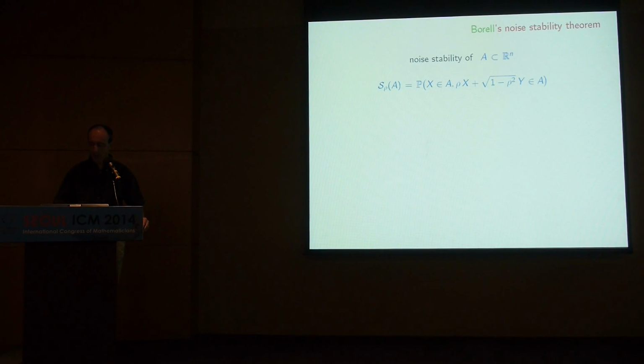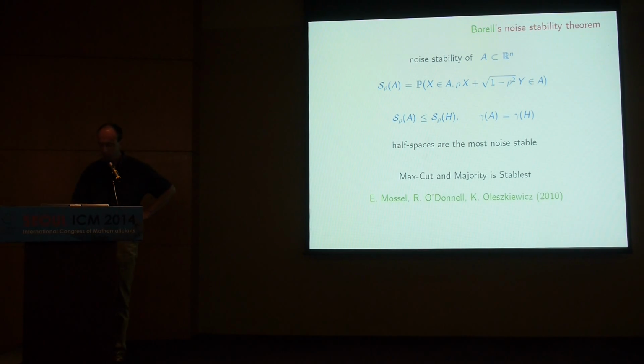It is known as Borell's noise stability theorem because you may define this notion of noise stability: if X is in A, and then you take a perturbation, a noise perturbation by adding Y, you still are in A. And what Borell's theorem is saying is that half spaces are the most stable. And this has been used via the invariance principle in the study of the majority is stablest theorem by Mossel, O'Donnell, and Oleszkiewicz.